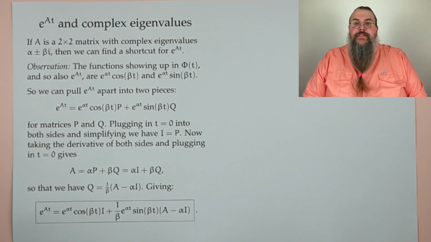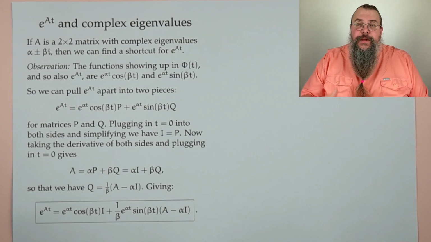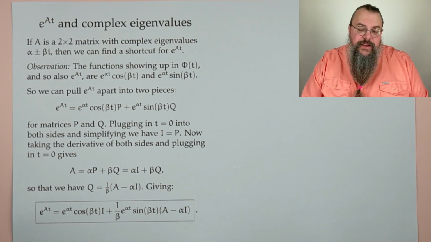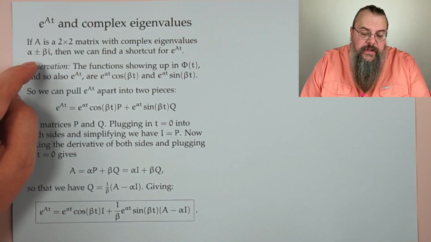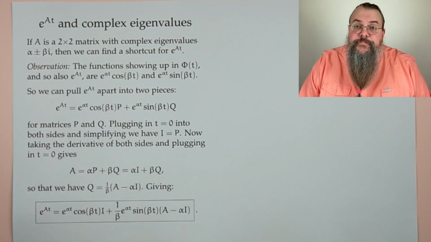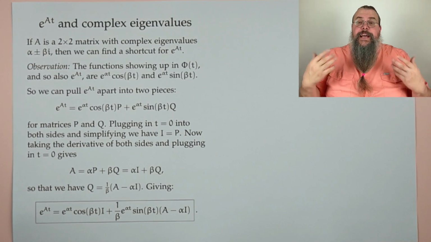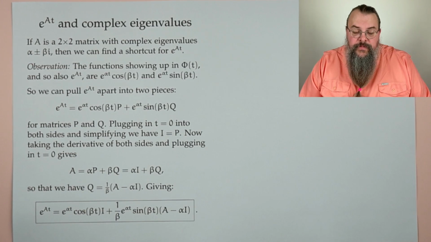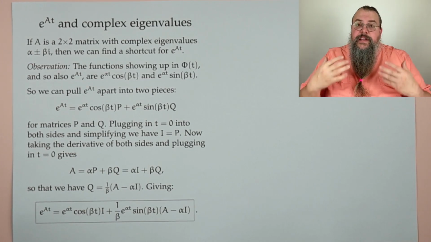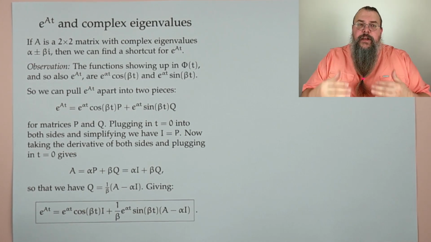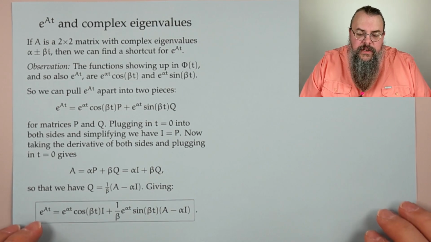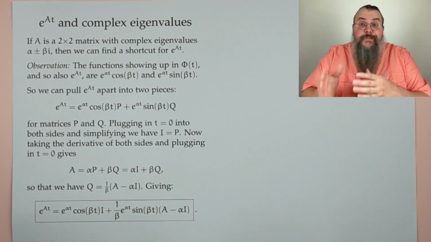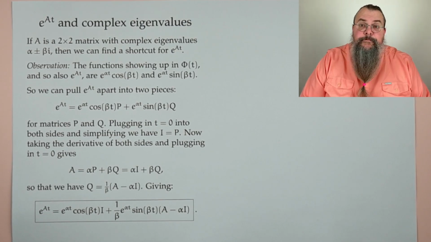All right, so let's see what happens in the case of 2 by 2 matrices when we have complex eigenvalues alpha plus or minus beta i. And the claim is we can actually get the e to the at for that very quickly. Okay, so let's step back. One of the ways we approached finding e to the at was by using fundamental matrices, x prime equals ax.